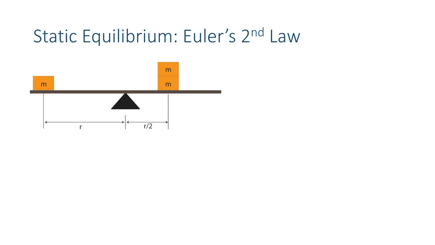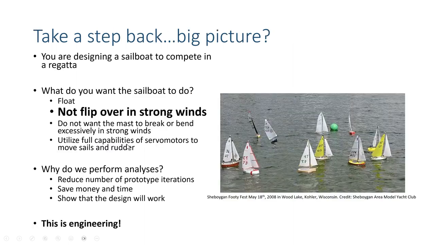So in order to have these be equal, you've got to have a shorter moment arm. So this twice the mass times this moment arm is going to be needed. You're going to need to divide that moment arm by 2 in order to have the mass times this moment arm equal that.